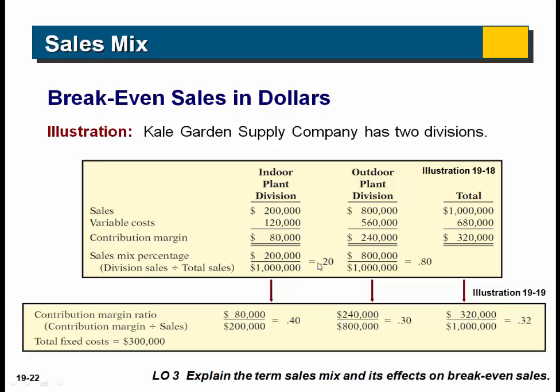And you notice their sales mix, and they did this on a pure dollar basis, is 20% and 80%. So we're going to take the 20% and the 80%, and we're going to calculate this bottom part, which is the weighted average contribution margin. So we're taking the 80,000 divided by the 200,000, which is the sales, and the 240 divided by the 80, and you can add those across, and it comes up with the weighted average, which is 0.32.